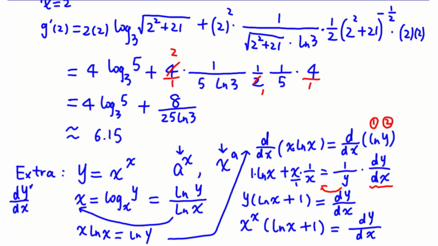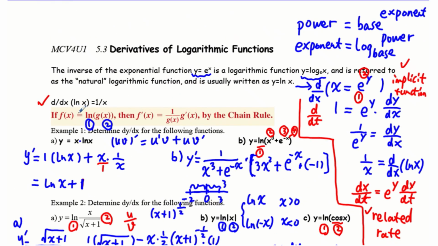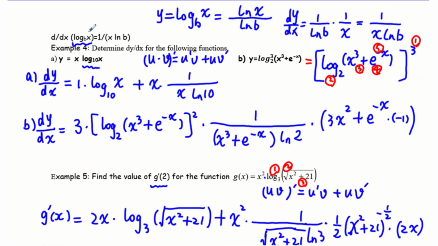So what we have done in this lesson is the derivative of the logarithmic function is 1 over x, the reciprocal of x. And if the base is not e, then we have ln b in the denominator.